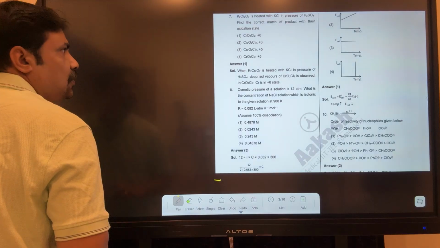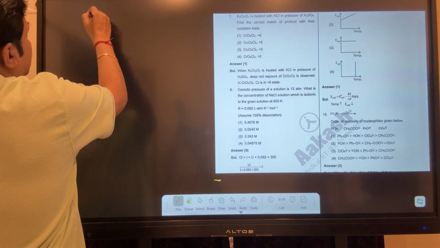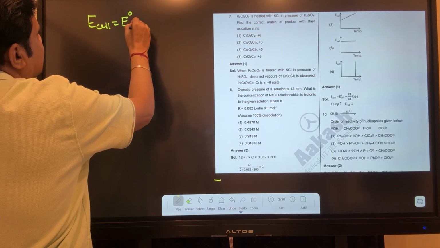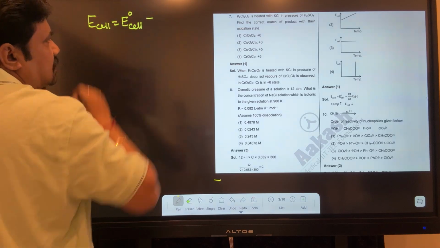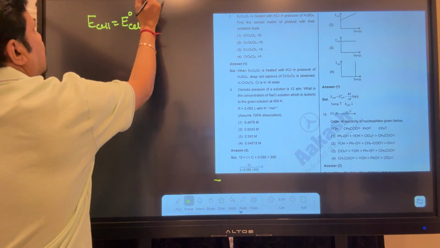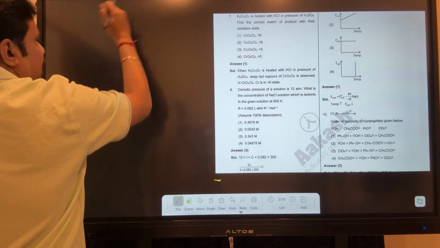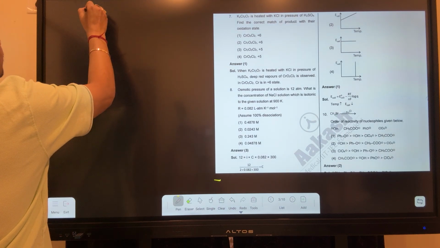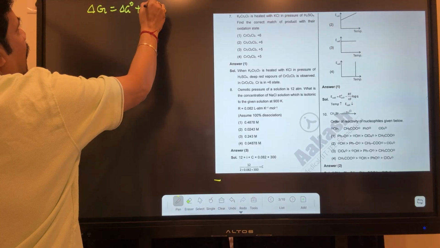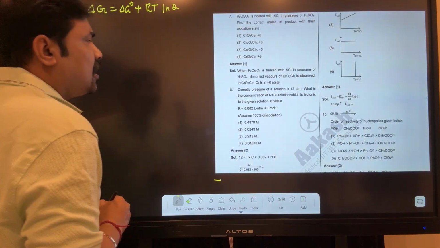Now for the E cell versus temperature plot, we know the Nernst equation: E cell equals E naught cell minus... Let me show in detail first, so that you can understand where this Nernst equation is coming from. Delta G equals delta G naught plus RT ln Q, where Q is the reaction quotient.